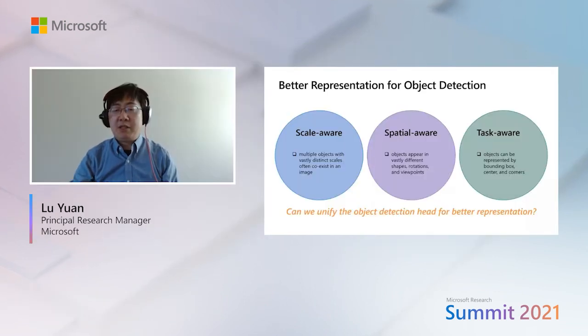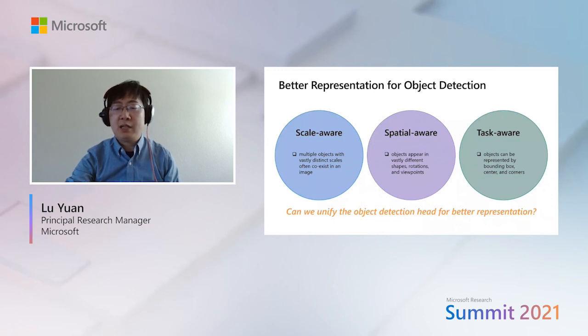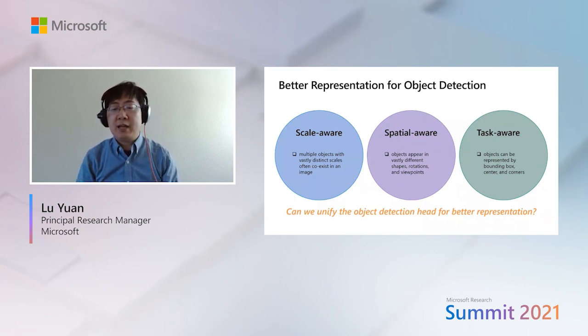We would further demonstrate optimal architecture and self-supervised learning in building foundation models for local object-level representation learning. To achieve better object-level representation, we unify the object detection head architecture, called dynamic head, to make it scale-aware, spatial-aware, and task-aware simultaneously.